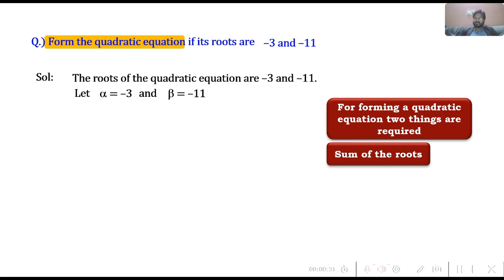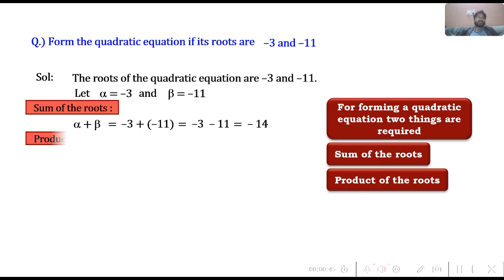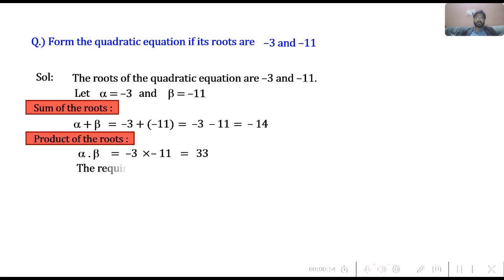First, sum of roots, and second, product of roots. So sum of roots alpha plus beta is equal to minus 3 plus minus 11, that is minus 14. Similarly, product of roots alpha into beta is equal to minus 3 into minus 11, that is 33.